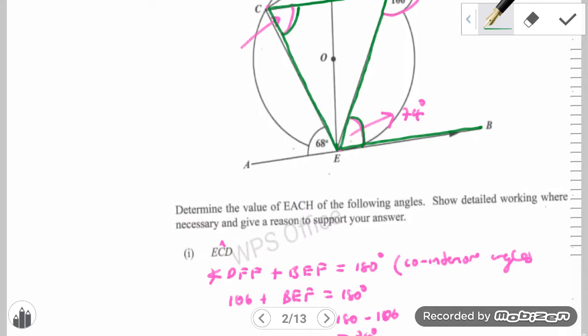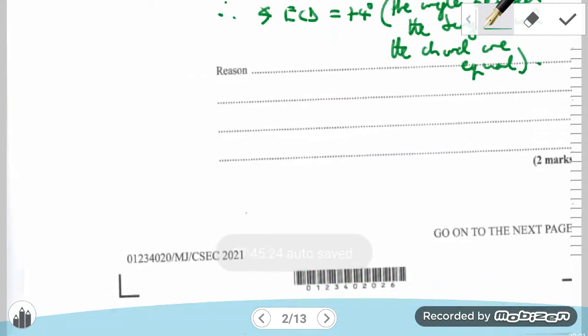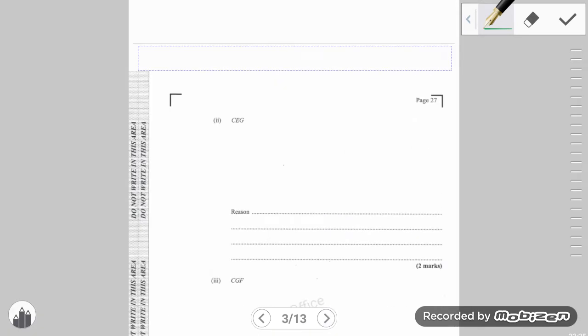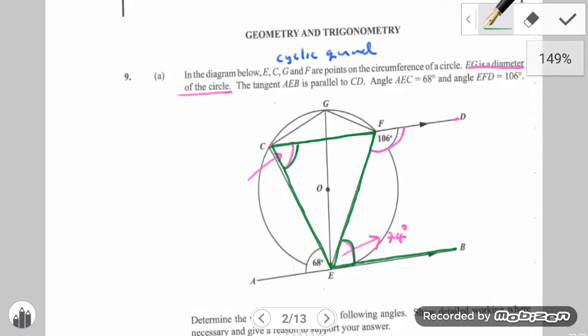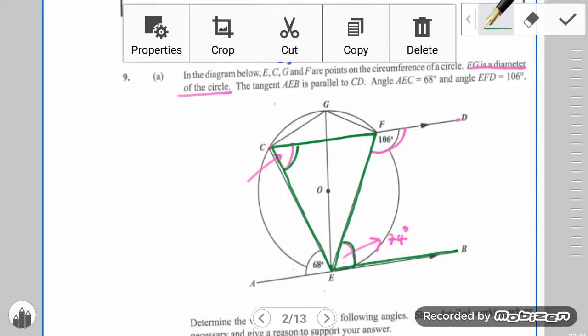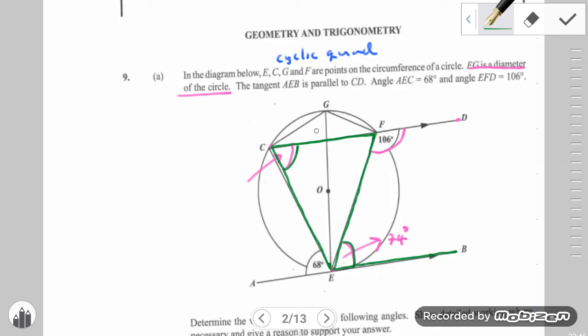All right, so let's proceed into looking at the other question here. Let's go on to the next page. Angle CEG. Let's have a look at that, guys. So here is C, here is G, and it cuts off here down at E. So the angle is all the way up there.